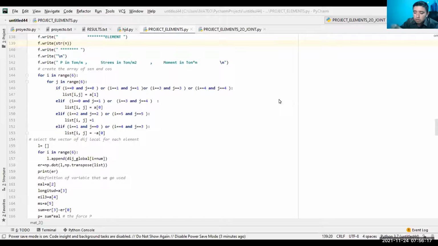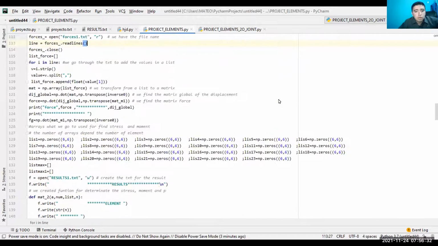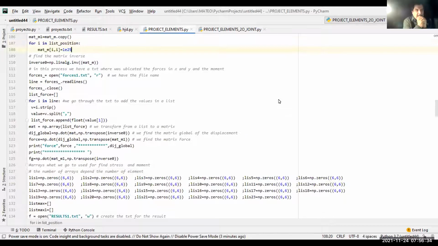You can replace this matrix for a big matrix. For example, of those matrix, I obtain one matrix. In this part, stop. Aquí.